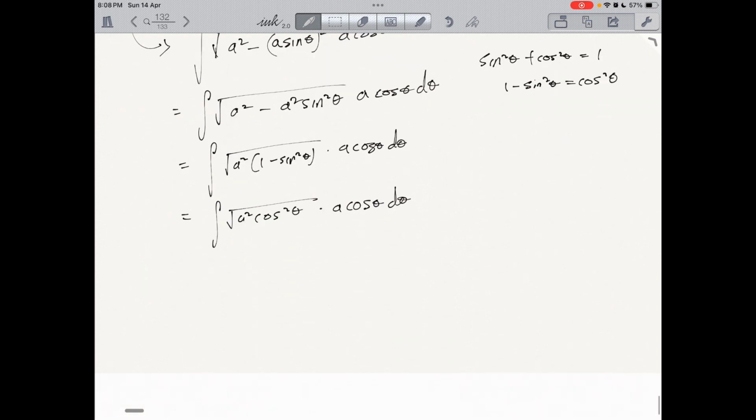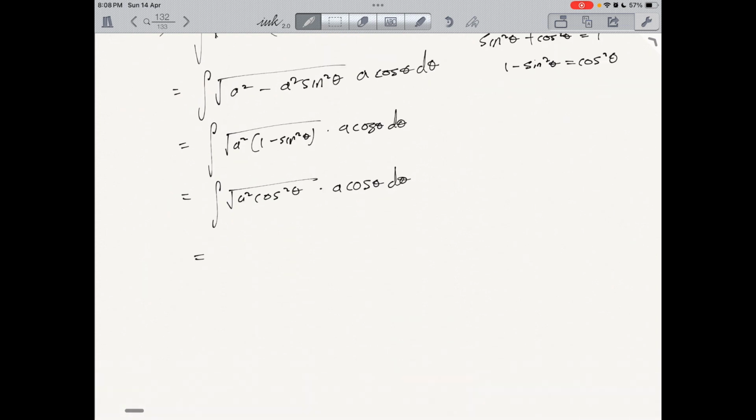Therefore this tends to a cos theta multiplied by a cos theta d theta.